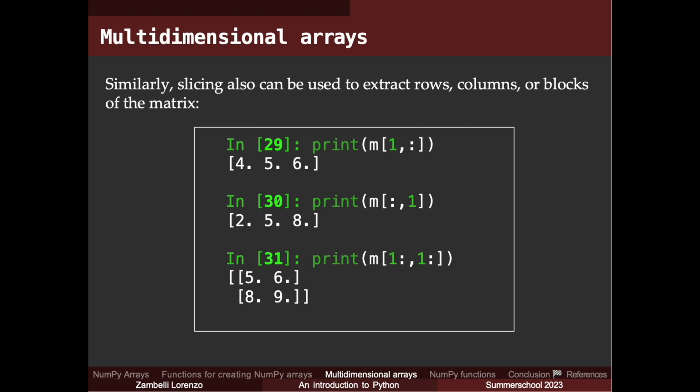And here we are saying take the second line, because recall that we start at 0 for indexing, and use all the lines afterwards. Then for the columns, take the second column and the ones afterwards, and we have this matrix.